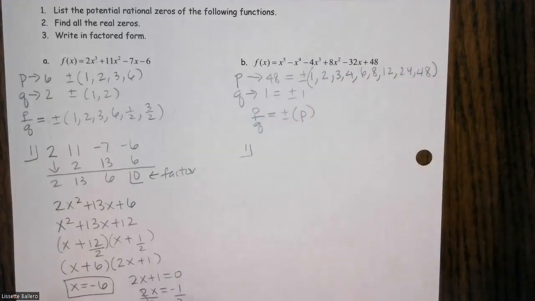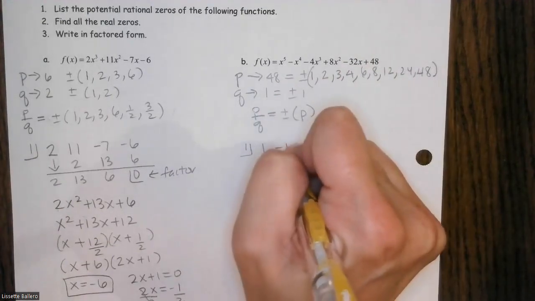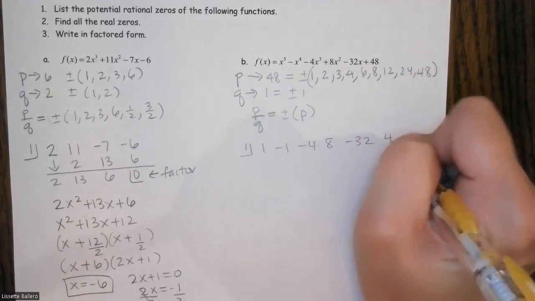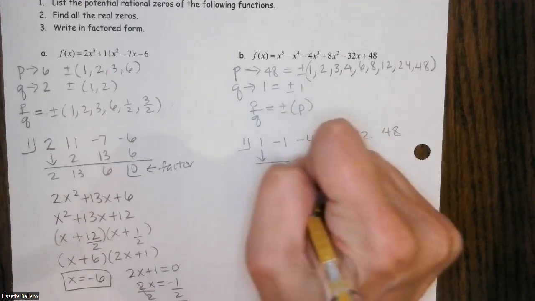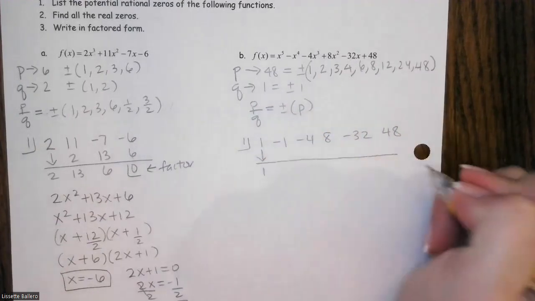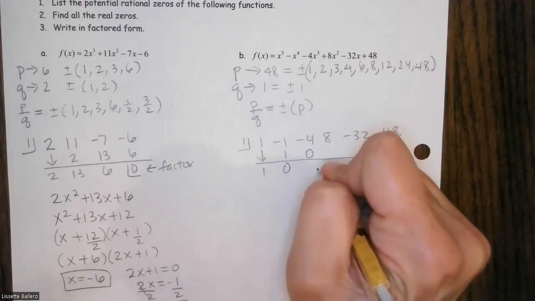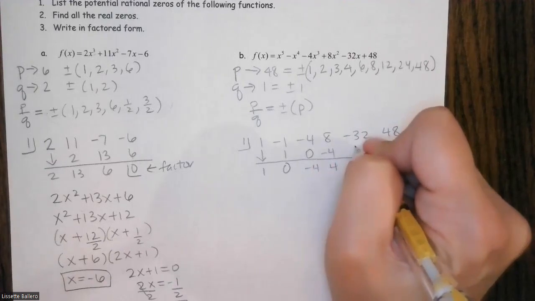So just like last time, I'm going to start with the 1. And so I get 1, -1, -4, 8, -32, and 48. Those are my coefficients. I multiply, add, multiply, add, multiply, add.